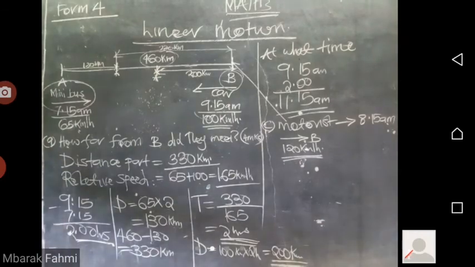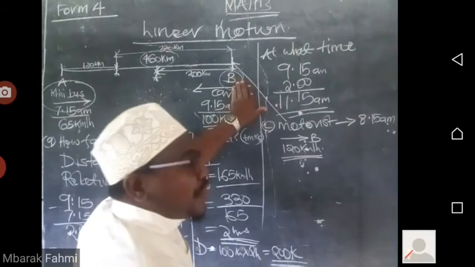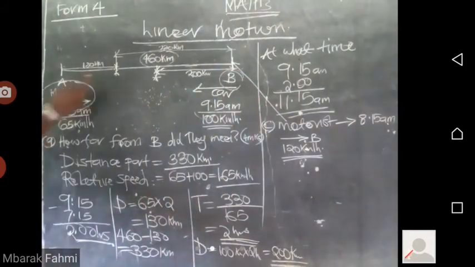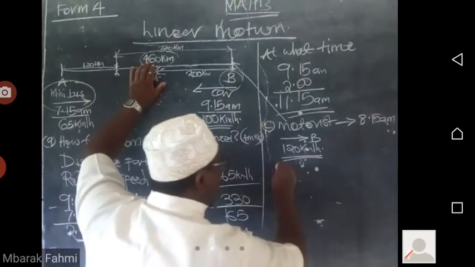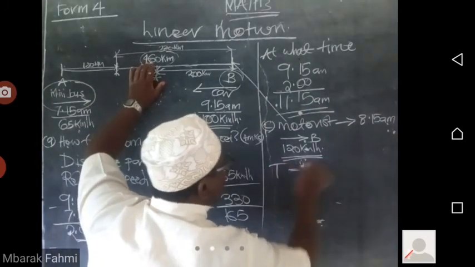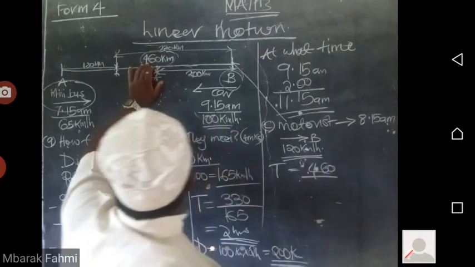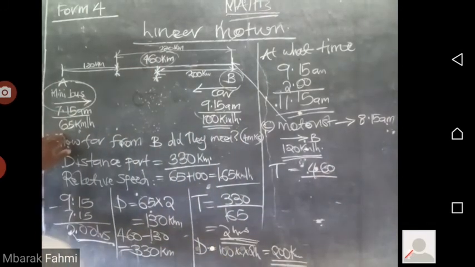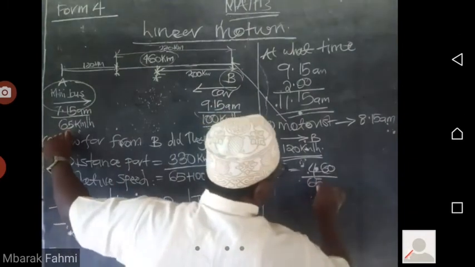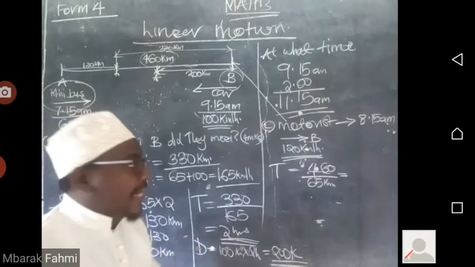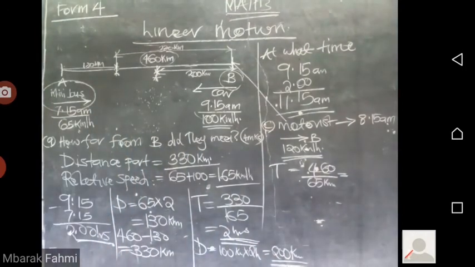Okay? So the first thing we need to know is what time the minibus reached town B. That's very, very important. The total distance is 460 kilometers. The speed it is moving with is 65 kilometers per hour. So we can calculate the time it will take to reach there. 460 divided by 65.